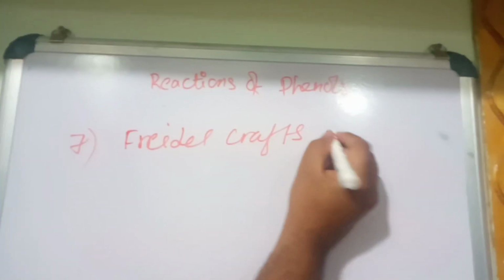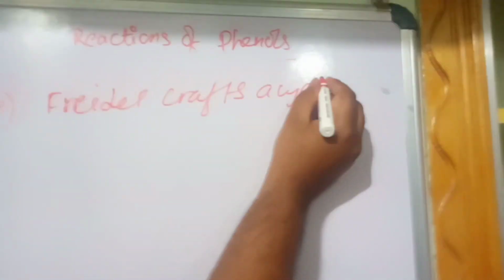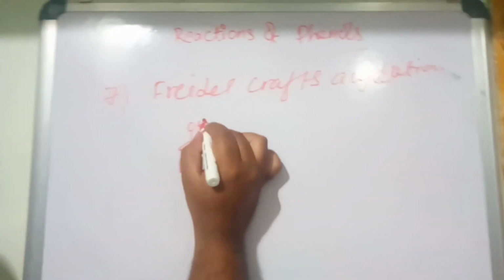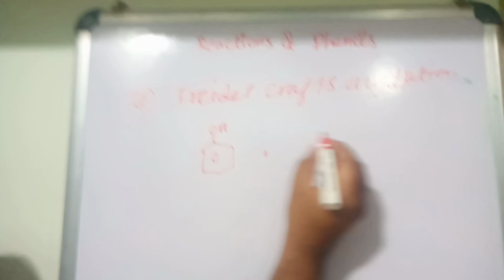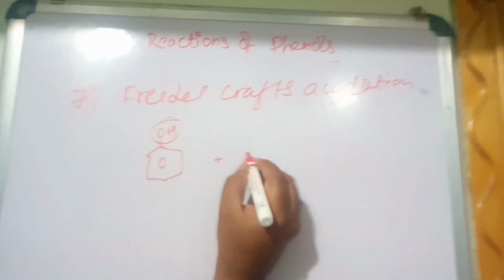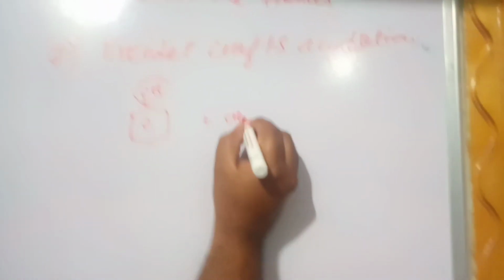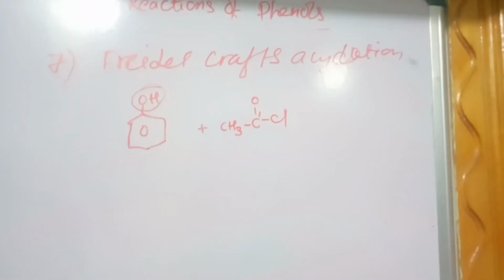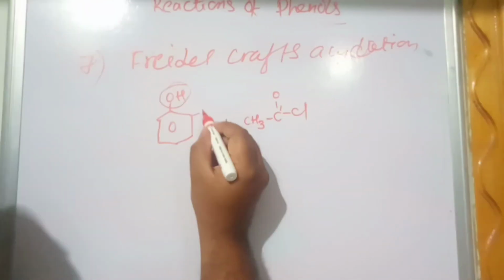Like benzene, phenol will undergo Friedel-Crafts acylation with an acyl group. What does Friedel-Crafts acylation mean? When phenol reacts with acid chloride, there is a replacement of hydrogen by an acyl group.